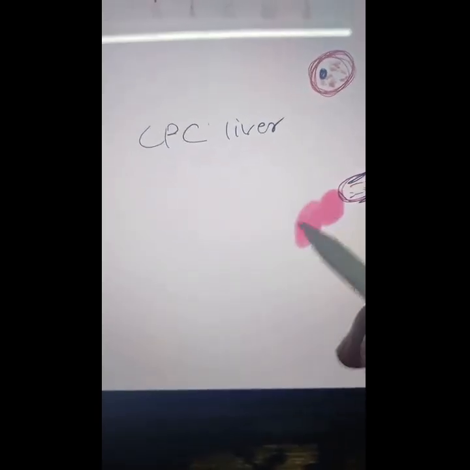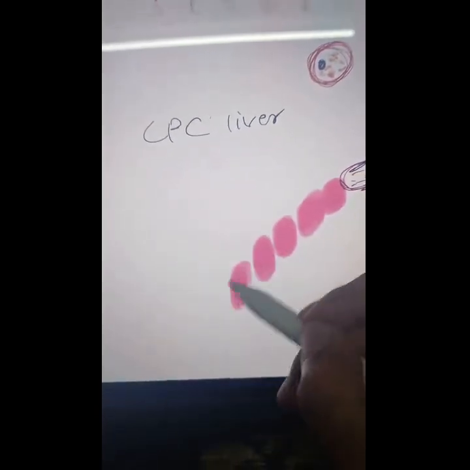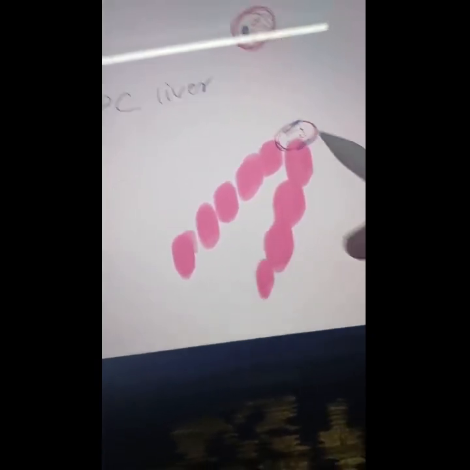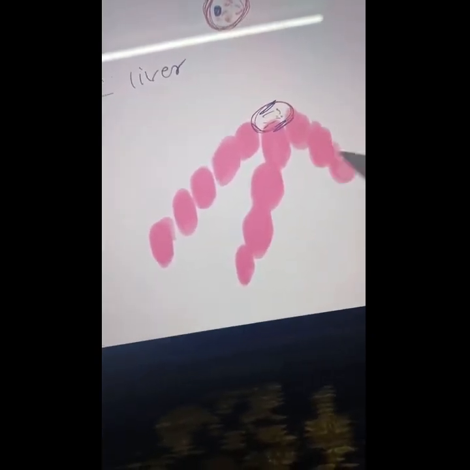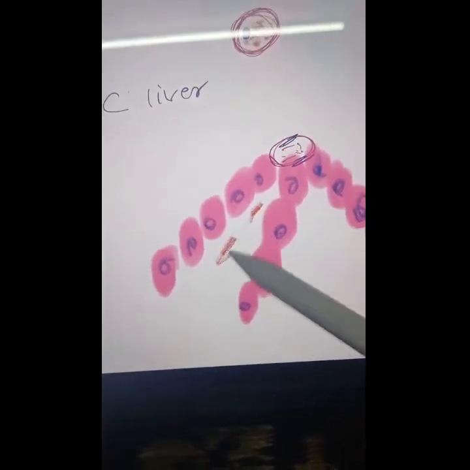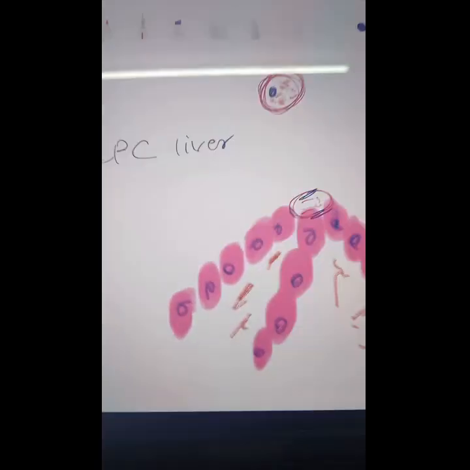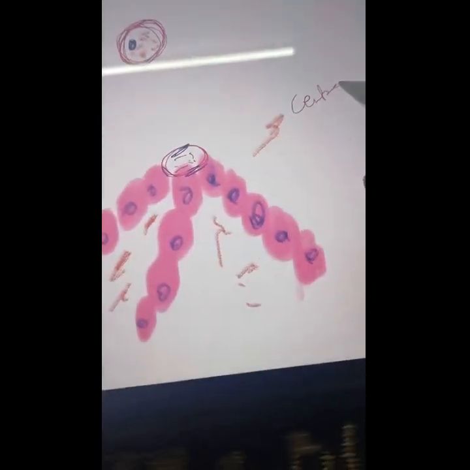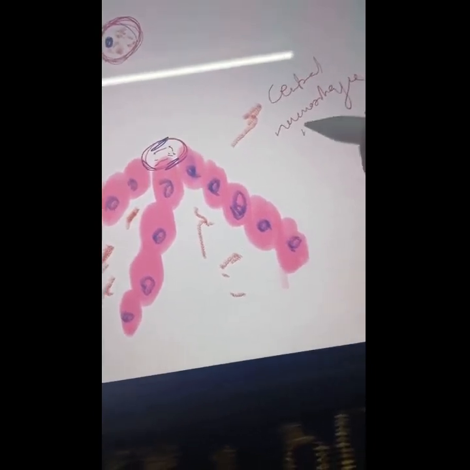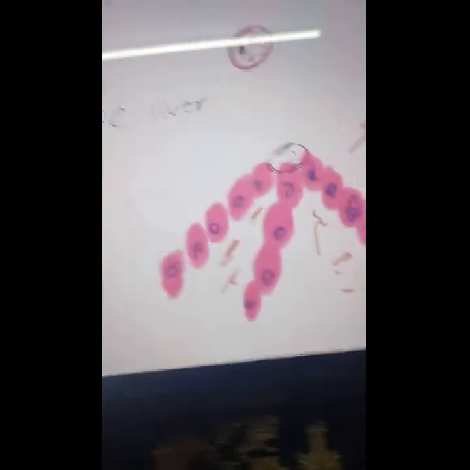So basically these are the hepatocytes we assume. These hepatocytes, as we observe, are completely degenerated, these are dilated hepatocytes. Also you see a lot of red blood cells over here, which indicates central hemorrhagic necrosis. So that is the central hemorrhagic necrosis which has been indicated over here.